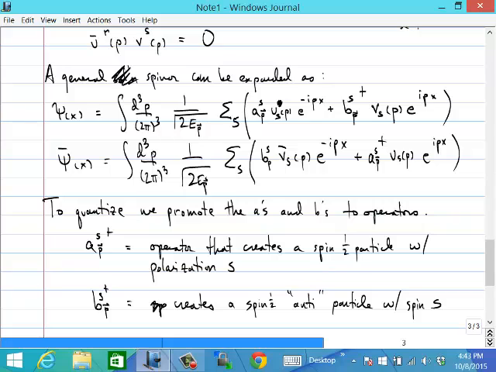For the scalar field case, you worked this out explicitly on a problem set. You saw that particles and antiparticles had opposite charge. And it's an almost identical calculation to see that the same is true in the spinor case. We'll do that later on in this class. But right now, you should think of it as just two different species of particle that have the same mass. Are there any questions before I continue?